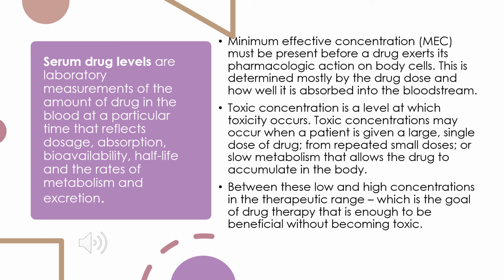Between these low and high concentrations is the therapeutic range, which is the goal of drug therapy, that is enough to be beneficial without becoming toxic. The goal is to maintain drug serum levels in the therapeutic range.